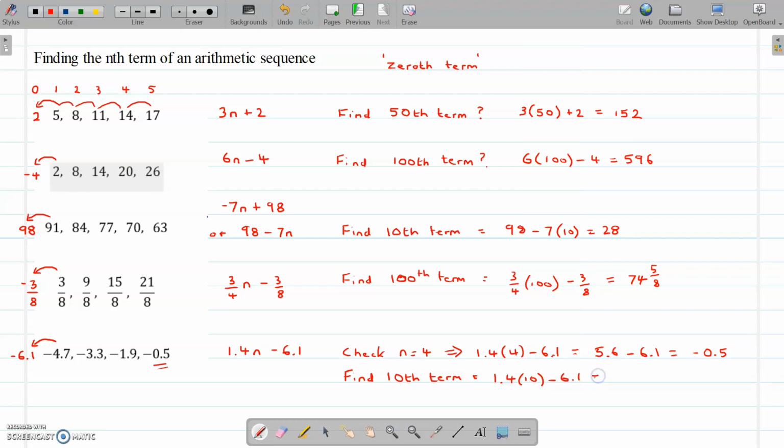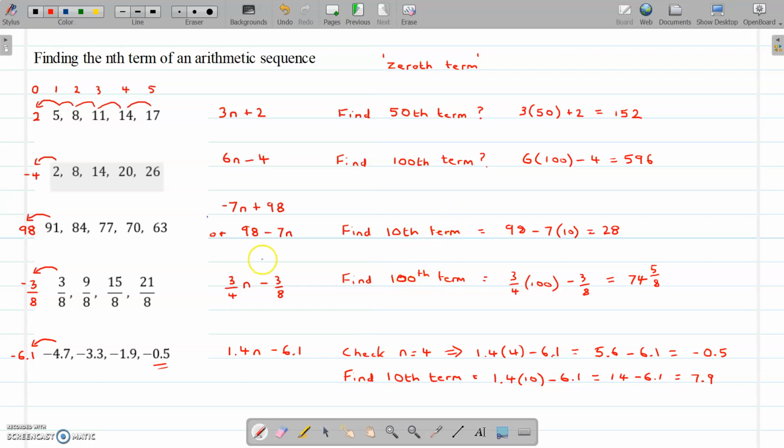Well, 1.4 times 10 is 14, minus 6.1 would be 7.9. So if you carried this sequence on until you got to the 10th term, you'd find that it would be 7.9. And that is an introduction on finding the nth term of an arithmetic sequence.